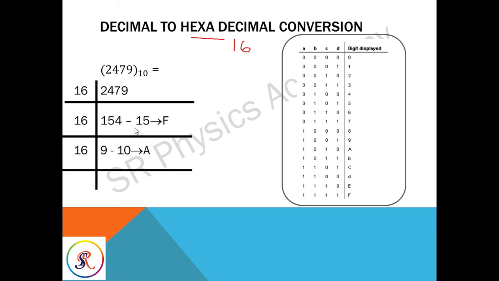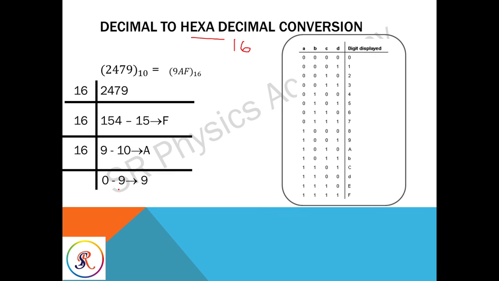Next again we are dividing 154. So 16, 9 16s are 154. So in this case the remainder is again 10. Okay, 0, 9. So now how we will write it? 9.